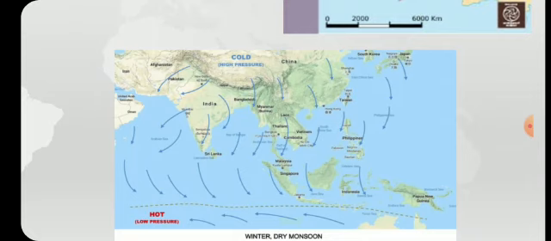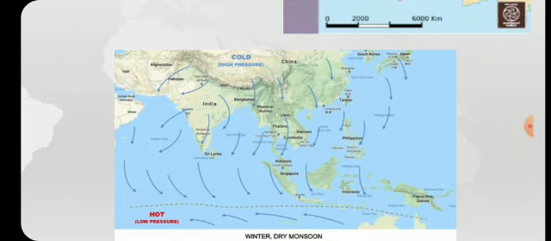The cold and dry winds, when they join with the trade winds to pass over the Bay of Bengal, pick up moisture from the Bay of Bengal and give heavy rainfall to the Tamil Nadu region and the southeast part, that is Tamil Nadu, Andhra Pradesh, Odisha. All these regions will get rainfall in the winter season.